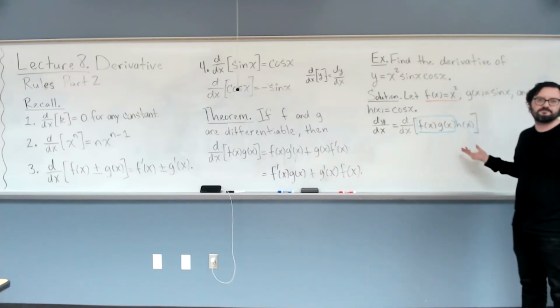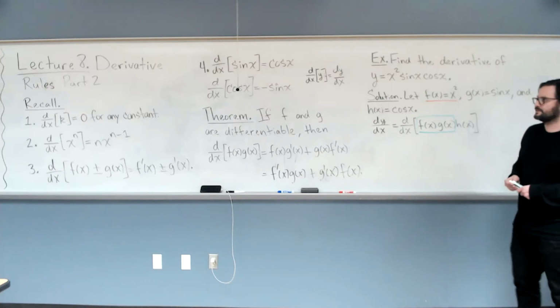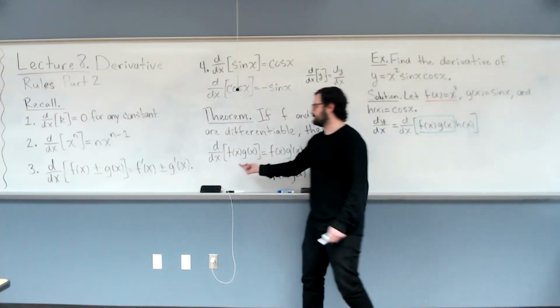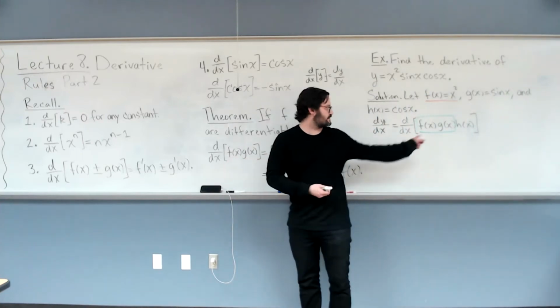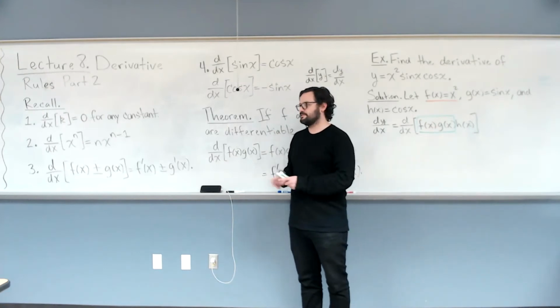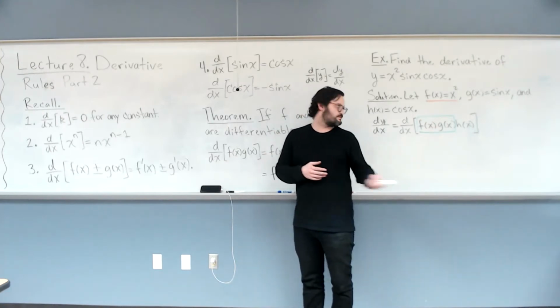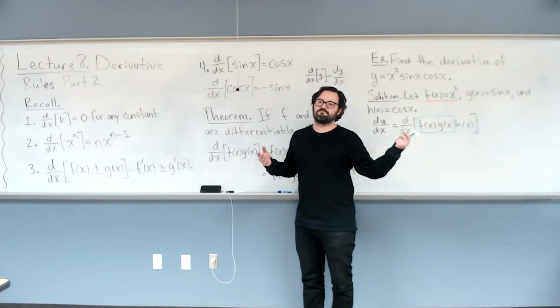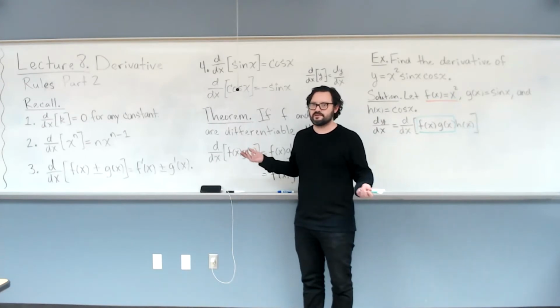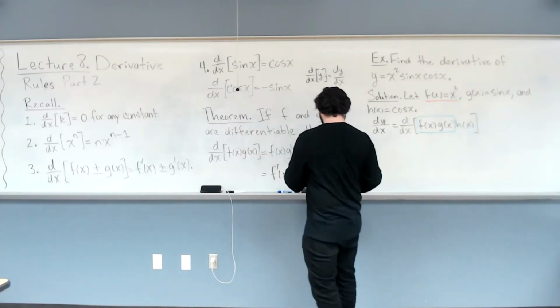Then I could apply this rule: the derivative of that product, green times H, is equal to H times the derivative of green plus green times the derivative of H.